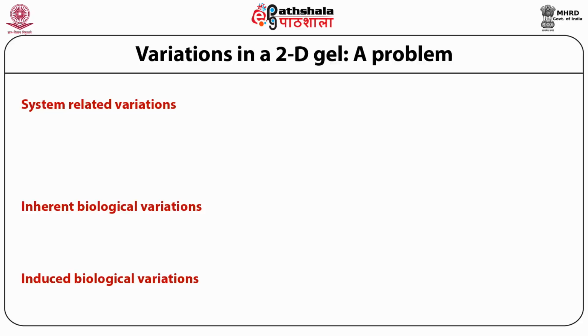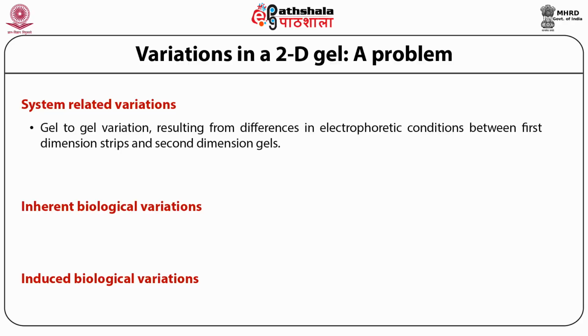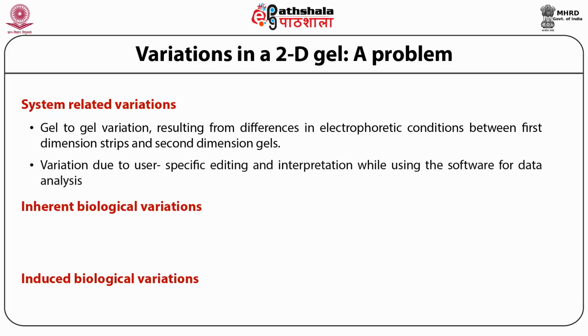System-related variations: these variations that occur from gel to gel are either researcher induced in terms of pipetting, they could be because of different conditions of isoelectric focusing and the 2D electrophoretic technique, or it could also be due to certain types of editing and interpretation while using sophisticated software at the time of data analysis.